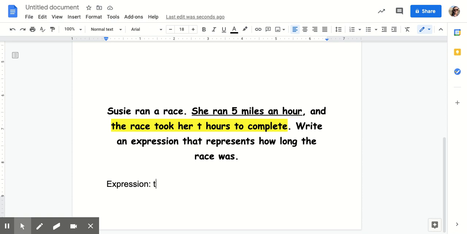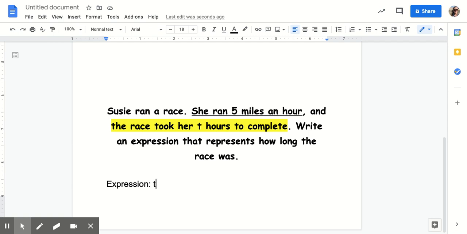Maybe this race was 1 mile long, or maybe it was 5 miles long, or maybe it was longer. So, in order to figure out how long this race was, I would have to take Susie's total hours that it took her to complete the race, which is T, and I would have to divide that total time by her speed that she went each hour.